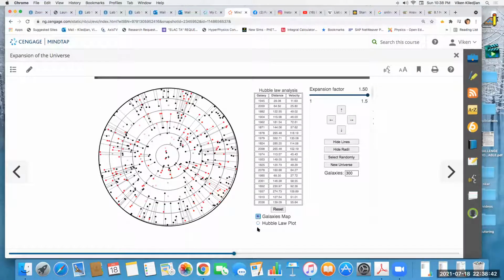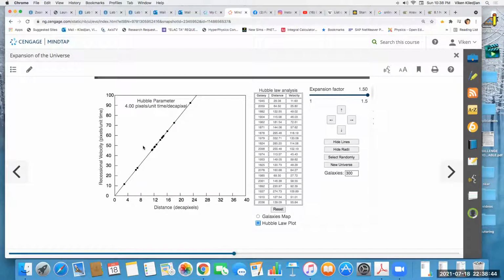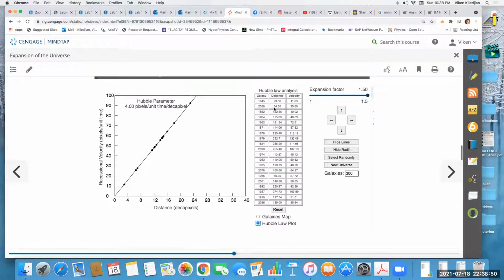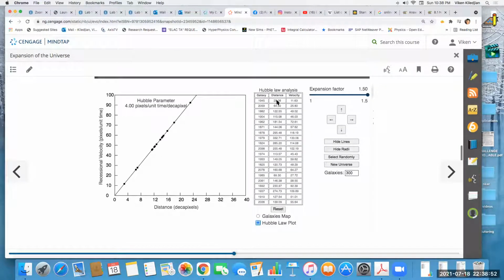Mm, 29. Hubble law. Recessional velocity pixels per unit time. Distance is 29. These numbers are not corresponding to these numbers here, decapixels.